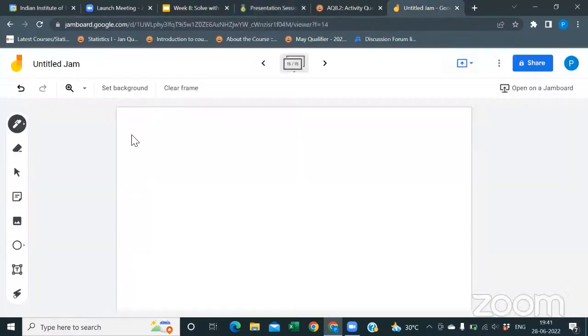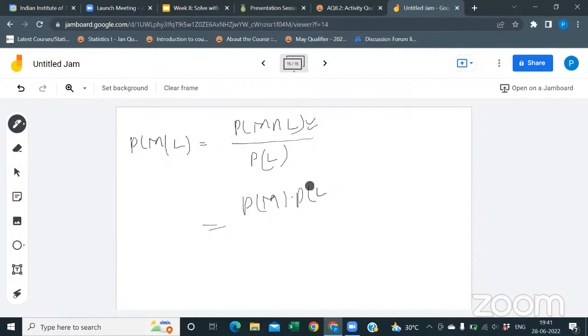So I can write probability of male and left-handed divided by probability of left-handed. Now this quantity I can write as probability of male times probability of left-handed given male, divided by probability of left-handed.